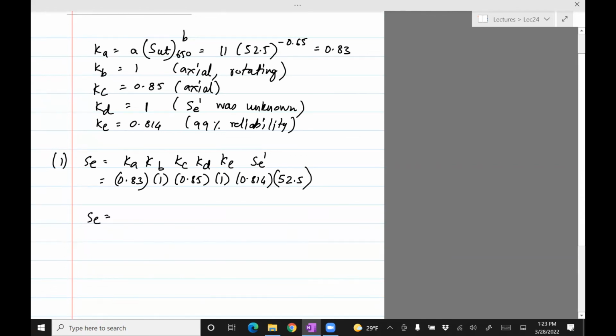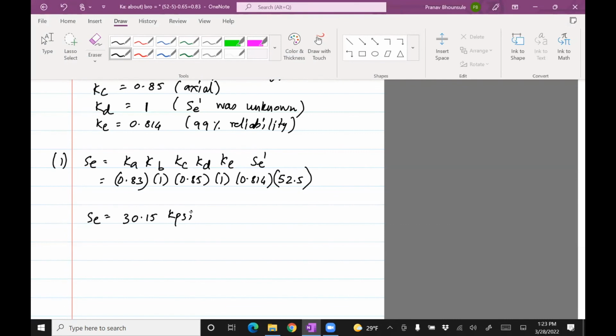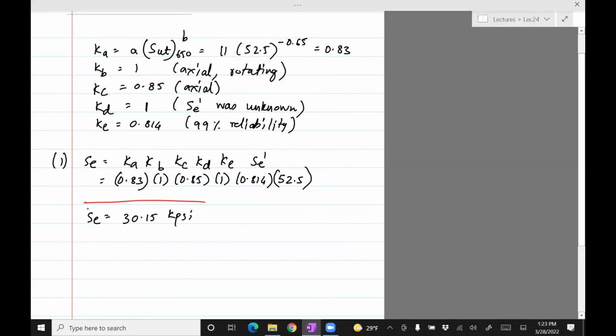To compute this, it gives me 30.15. That's the answer to one of the two questions.